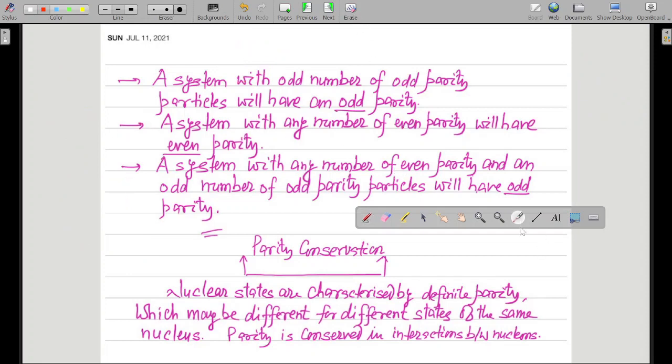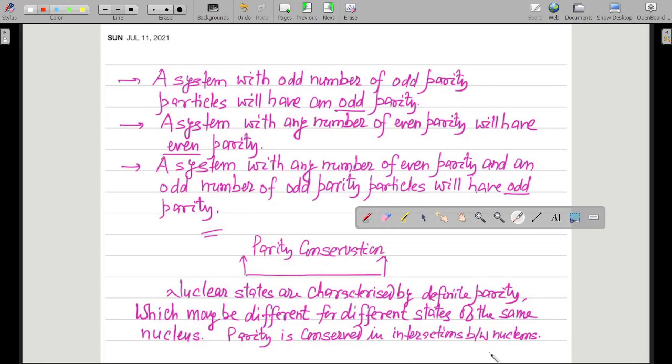Now, parity conservation. Nuclear states are characterized by definite parity. Each and every nuclear state is characterized by definite parity, and this parity may be different for different states of the same nucleus. For the excited state the parity might be different, for the ground state the parity might be different.